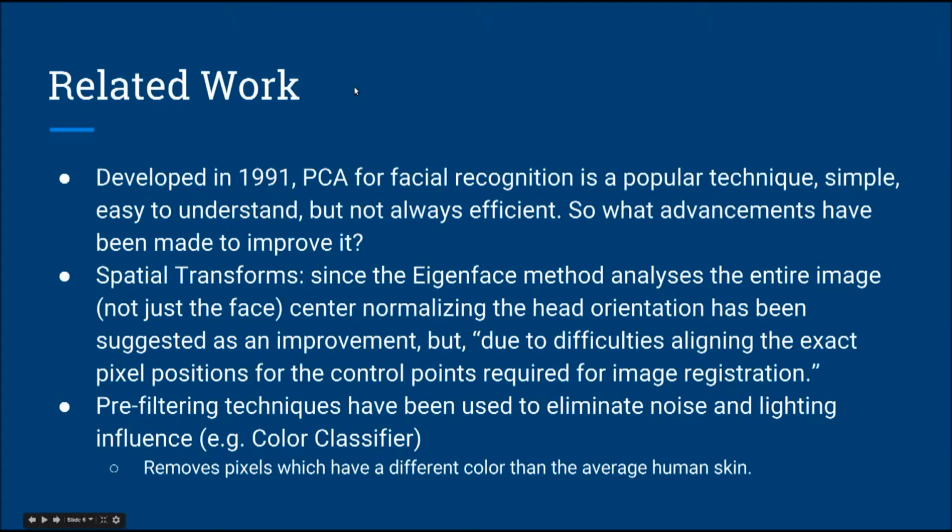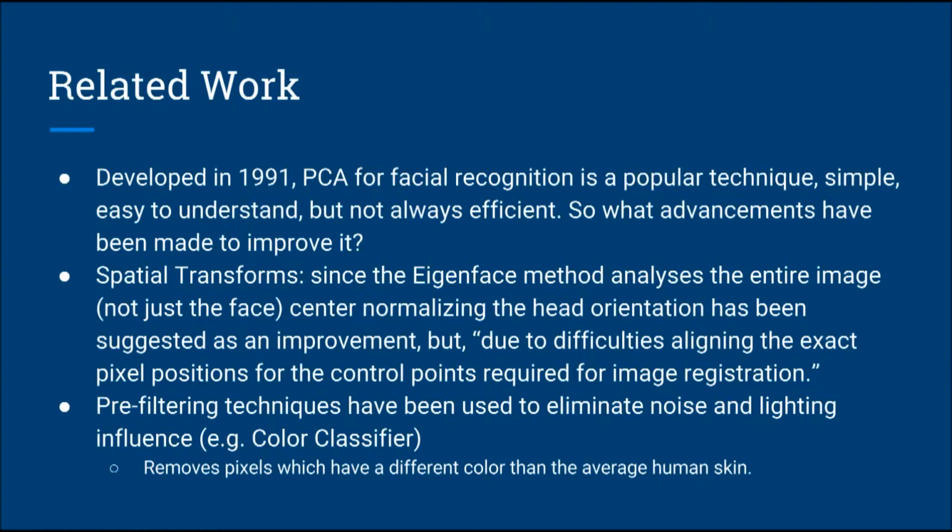So what have they tried to do to improve? One of the things is spatial transforms. So the idea of center normalizing head orientation was in a more recent paper, but even that paper came up with unsatisfactory results.